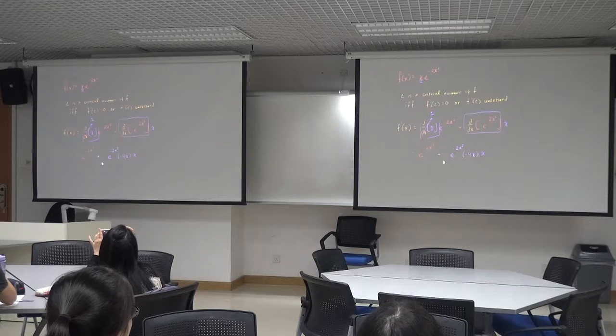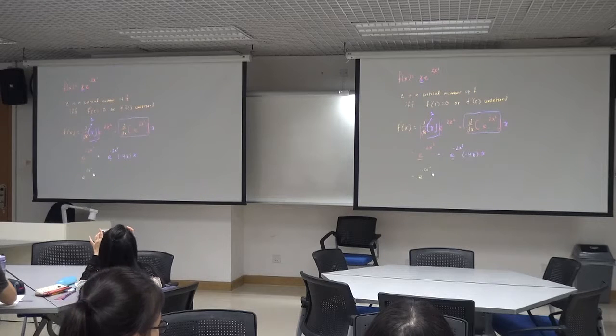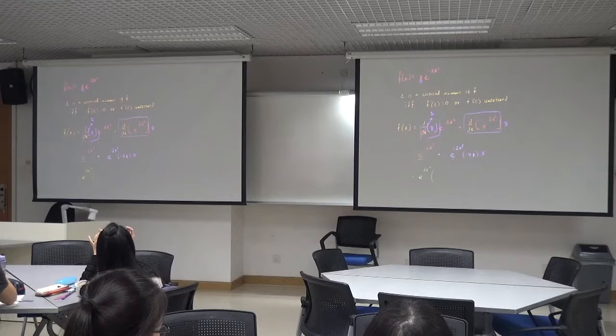So let's see, if we factor in e to the negative 2x squared, put that in green, this is equal to e to the negative 2x squared times 1 minus 4x squared.